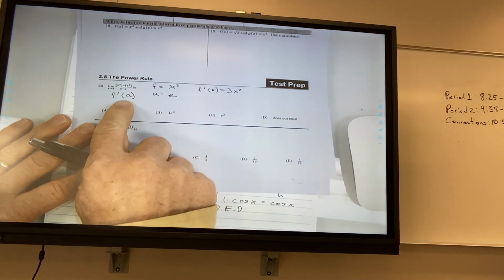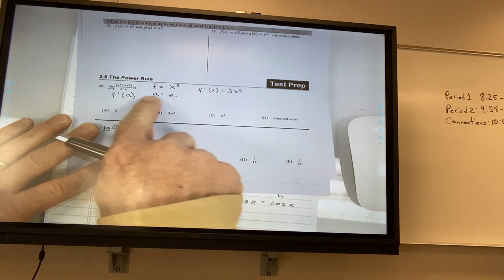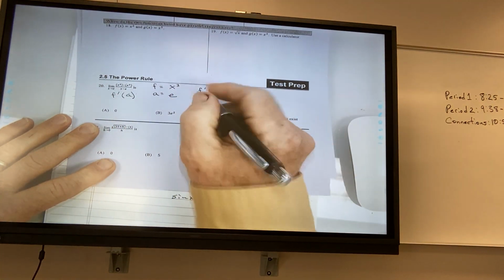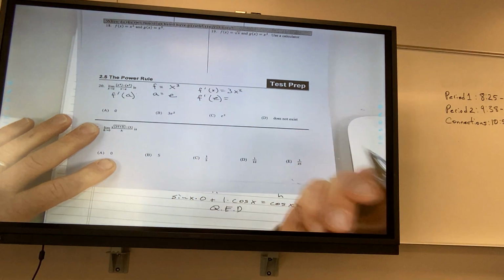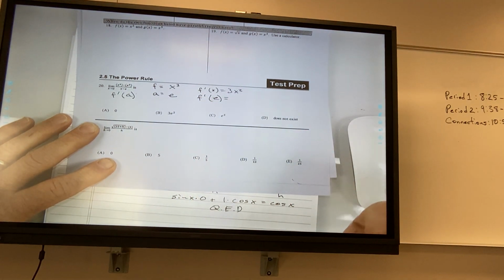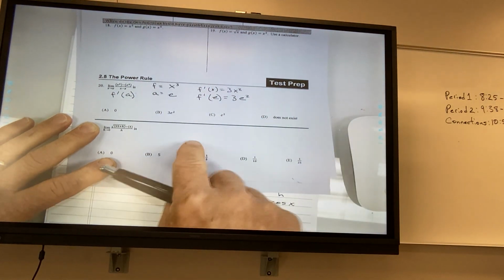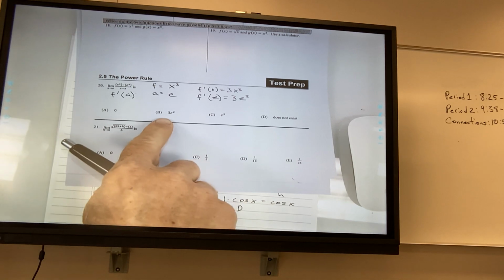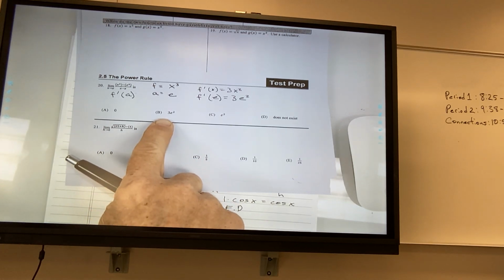So now our answer is going to be, we're going to plug e into here. Remember, e is a number, correct? And so that's going to be 3e squared. Boom! You're done with this problem. Is that making sense? Okay.